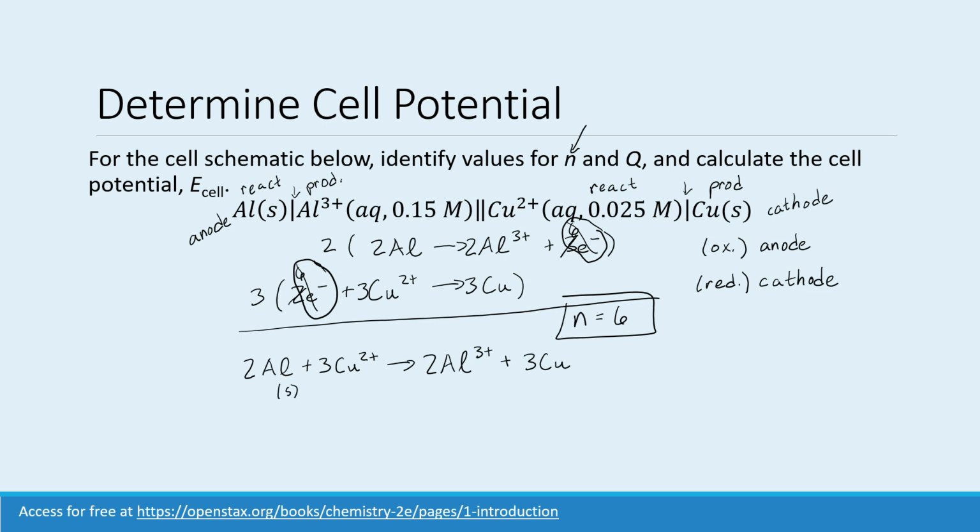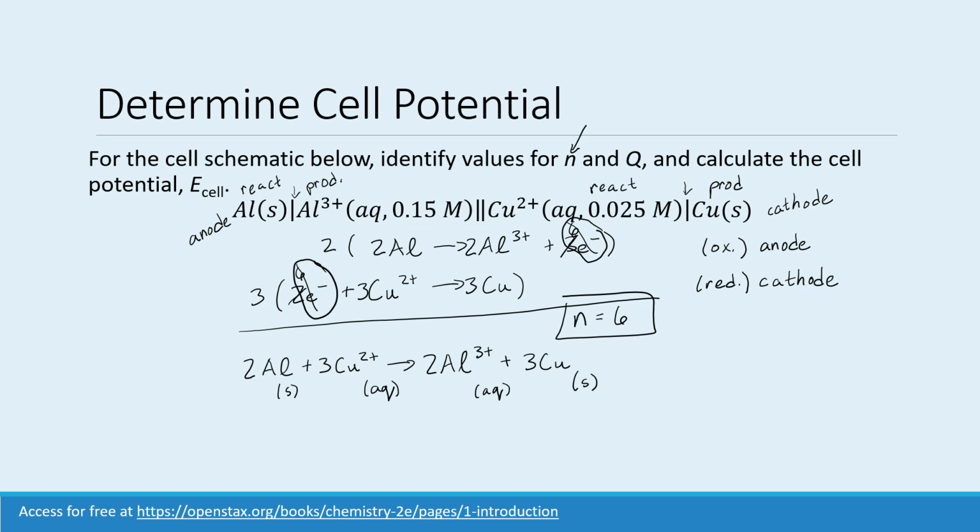And we do want to include the phases at the end of a reaction. So aluminum is a solid, copper ion is aqueous, aluminum ion is also aqueous, and copper is a solid.